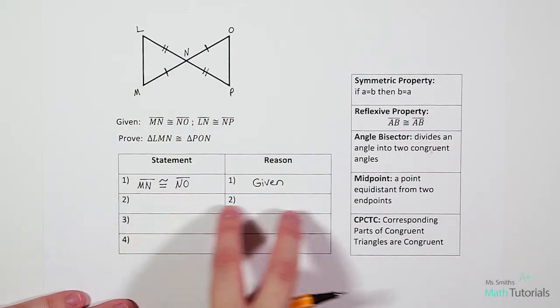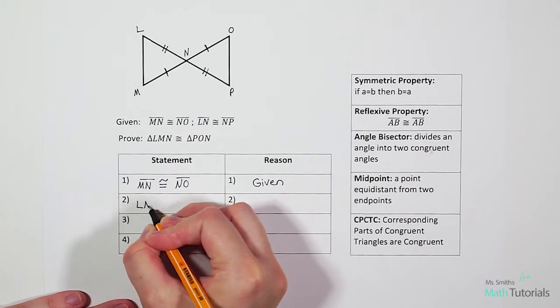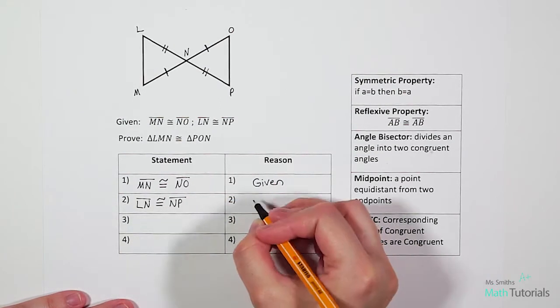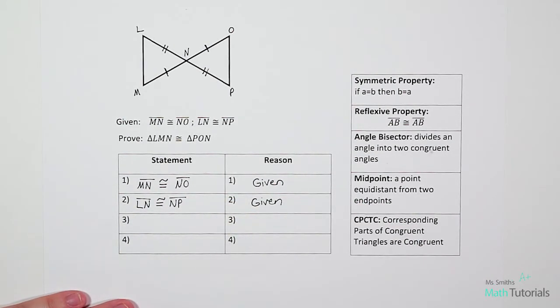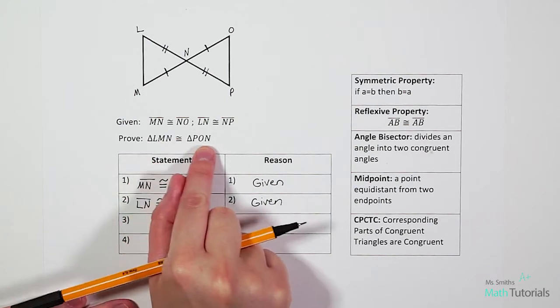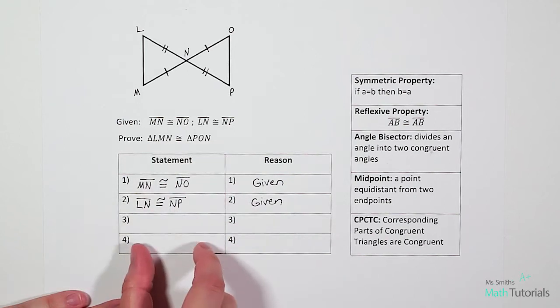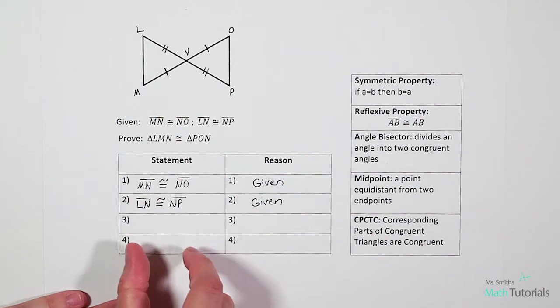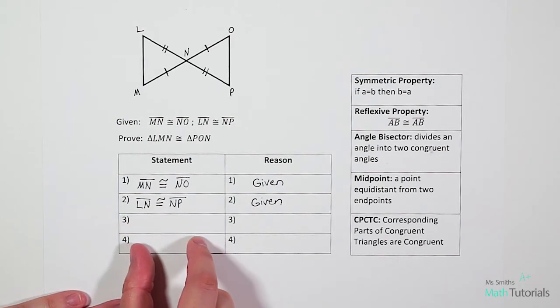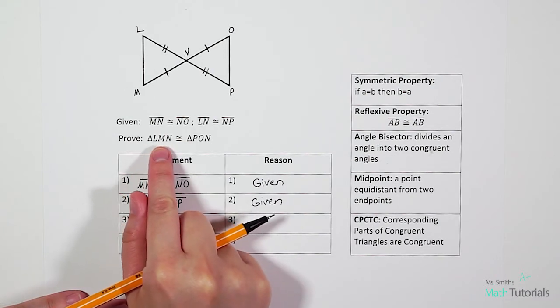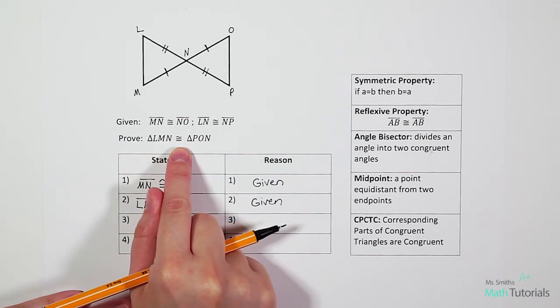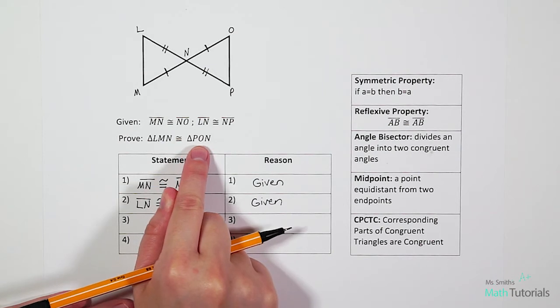Let's go ahead and fill in our table with that information. Okay, so we've completed our givens. We can go ahead and put our proof statement right here at the end because that should be our last, final statement, that triangle LMN is congruent to triangle PON.